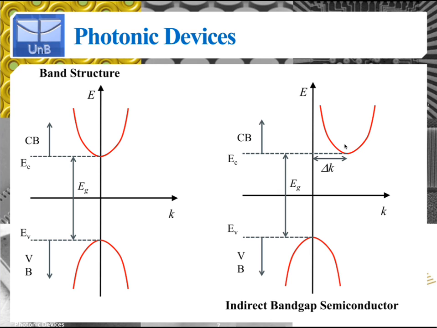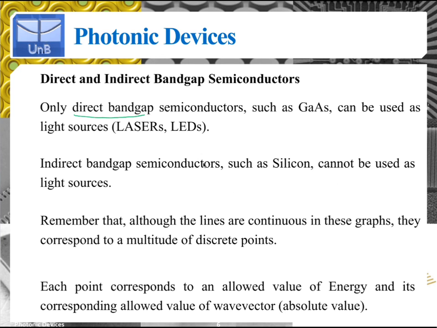So no LEDs or diode lasers and so on can be made with, for example, silicon and other indirect band gap semiconductors. Okay, this is very important. So indirect band gap semiconductors such as silicon cannot be used as light sources. Gallium arsenide, indium phosphide, and other direct band gap semiconductors can be used in order to make lasers and LEDs.